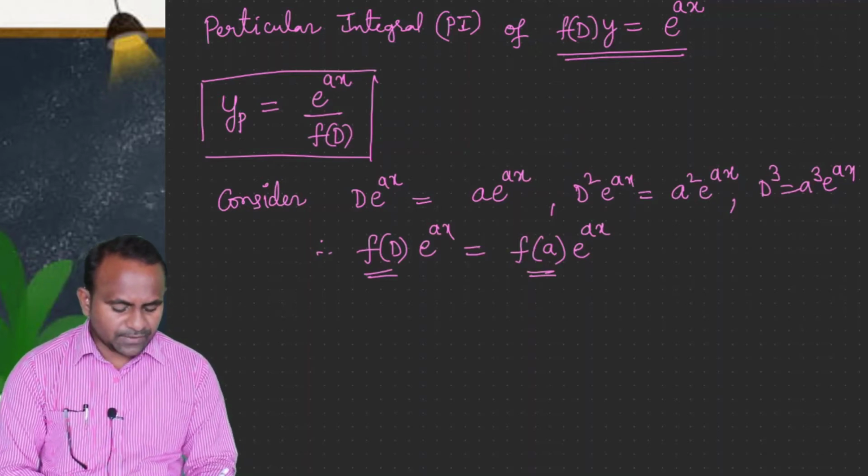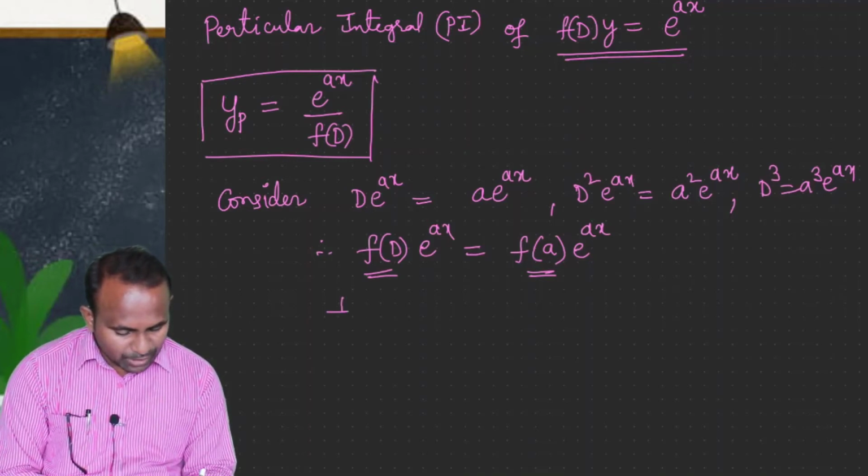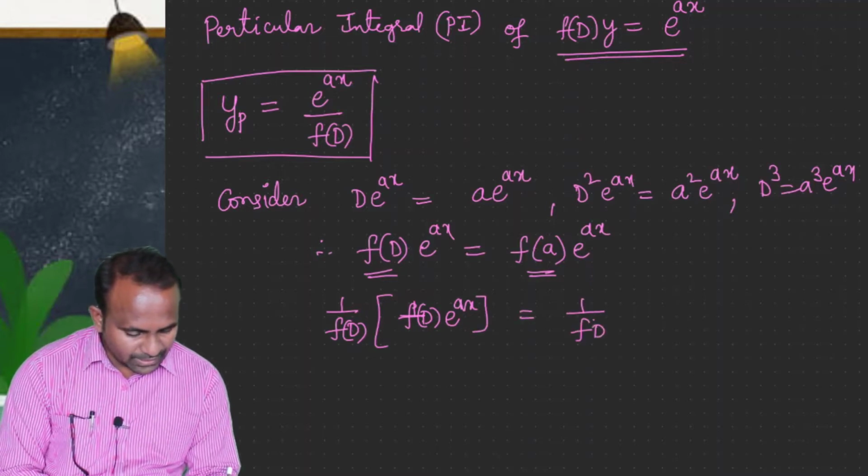So what will this give you? Suppose we multiply throughout with 1 by f of D. This gives f of D e power ax is equal to 1 over f of D times f of a times e power ax.